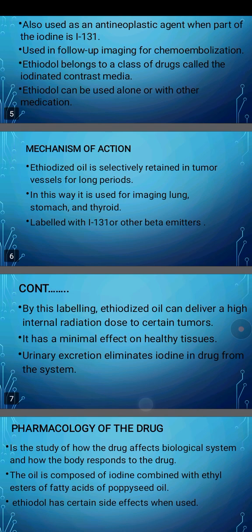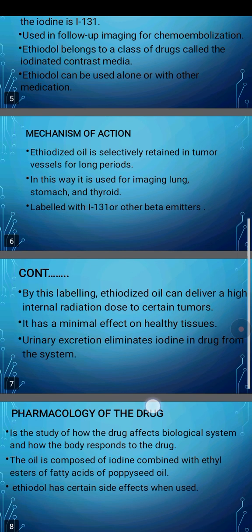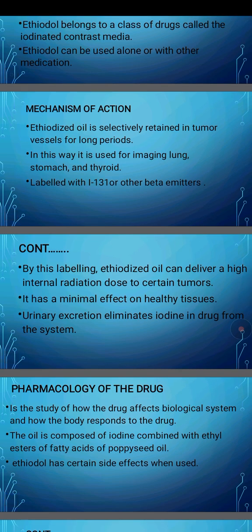Going on to the mechanism of action of the drug, ethiodized oil is selectively retained in tumor vessels for long periods. In this way, it is used for imaging lung, stomach, and thyroid.